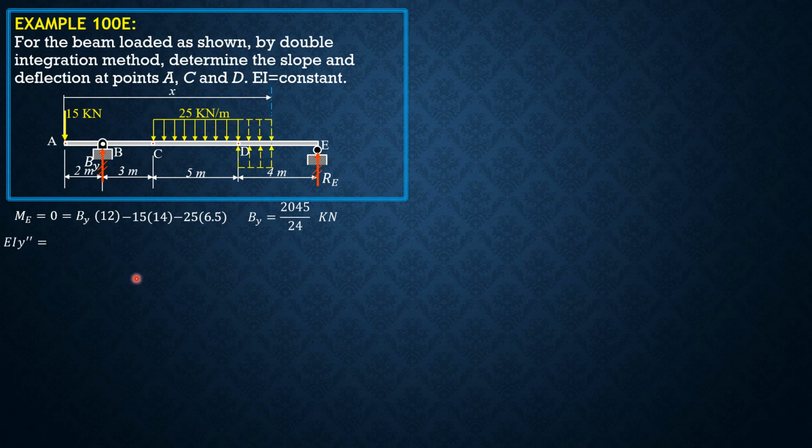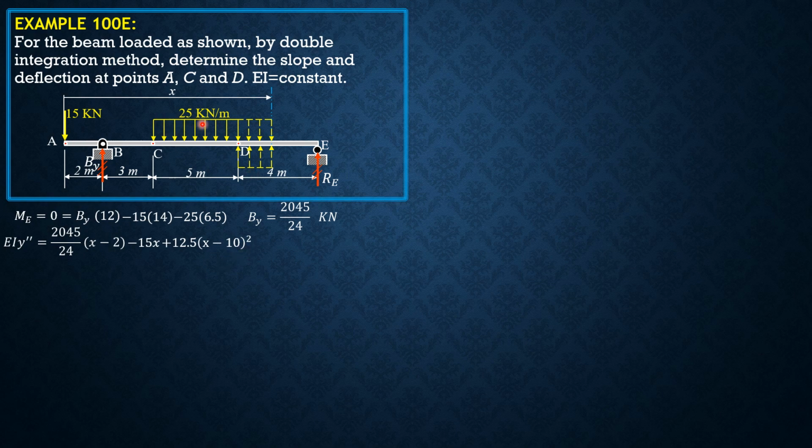So EIy double prime equals 2045 over 24 times (x minus 2). This distance is x minus 2. And minus 15 times x. Then plus this upward loading, 25 times quantity (x minus 10), times (x minus 10) over 2, so that would be plus 12.5 (x minus 10) squared.